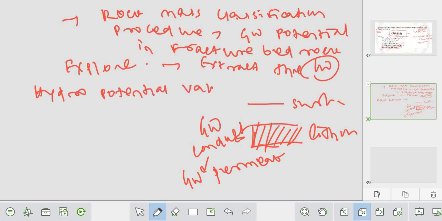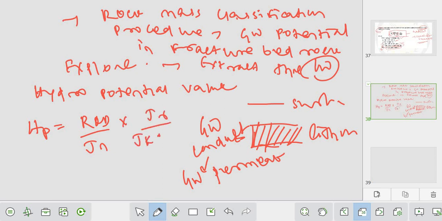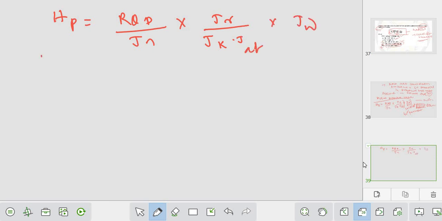उसको बोलते हैं हाइड्रो पोटेंशियल वैल्यू, हाइड्रो पोटेंशियल वैल्यू होता है HP. ठीक है, HP क्या होता है, RQD by JN into JR by JK into another factor JAF into JW. ठीक है, याद रखना, फिर से लिख रहा हूं. So hydro potential factor can be calculated from RQD by JN multiplied by JR by JK, JAF into JW.